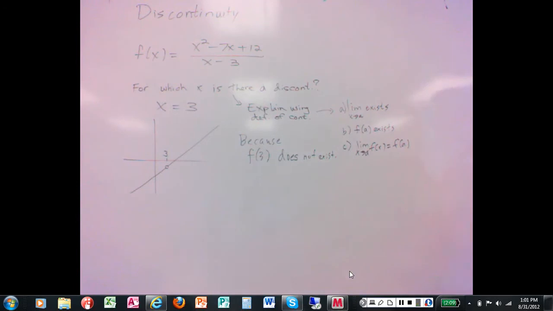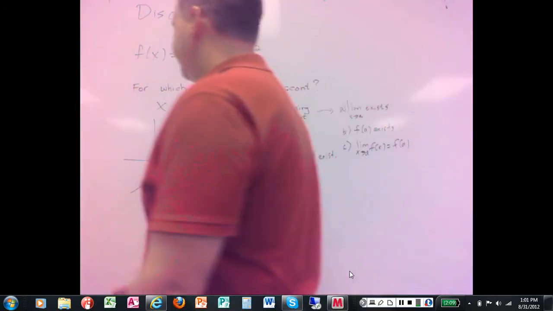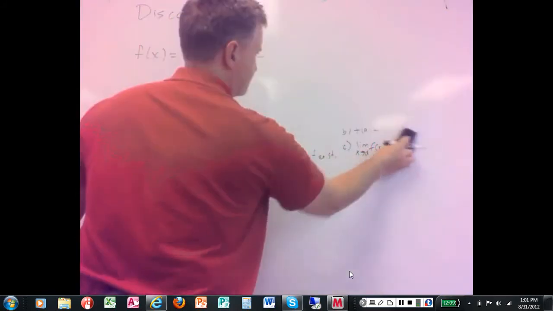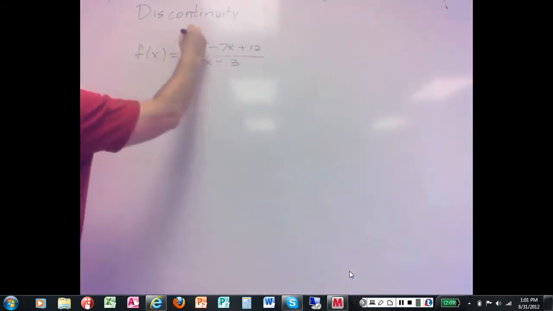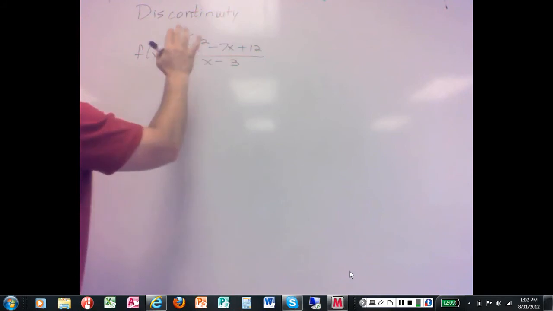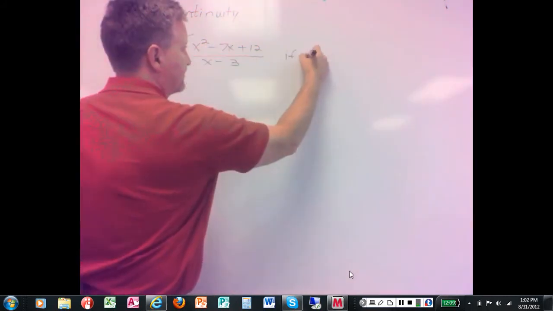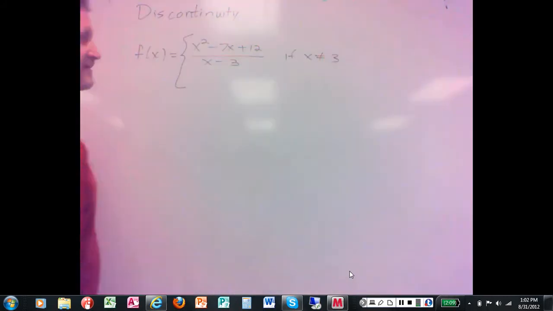Let's look at this one. It's basically the same function, except I'm going to make it a piecewise. We're going to say f of x is that x squared minus 7x plus 12 divided by x minus 3, but only if x is not equal to 3.